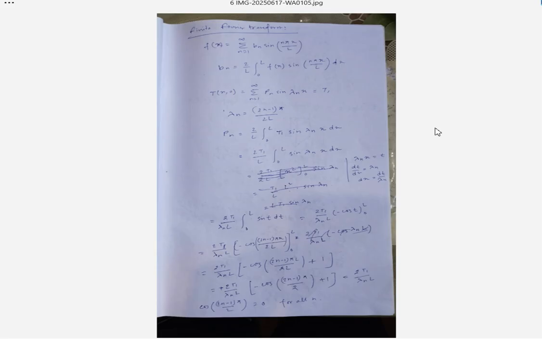And if we put lambda n x equal to t, then dt by dx will be lambda n, because lambda n is a constant, as we are differentiating in terms of x. So dx will be dt by lambda n, and using dx equal to dt by lambda n and lambda n x as t, it will be 2T1 by lambda n L integration of 0 to L sine t dt.